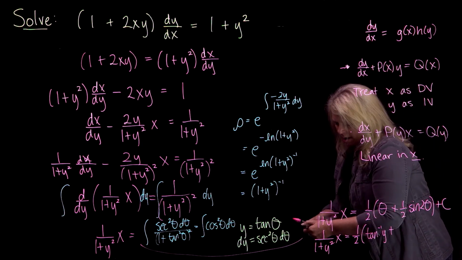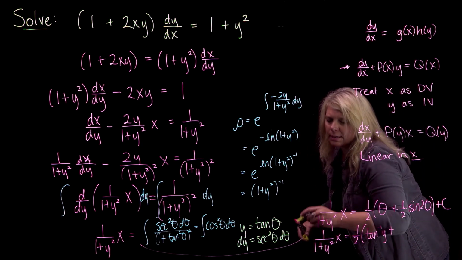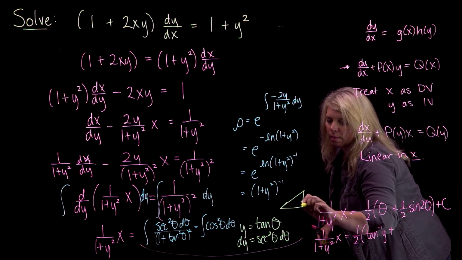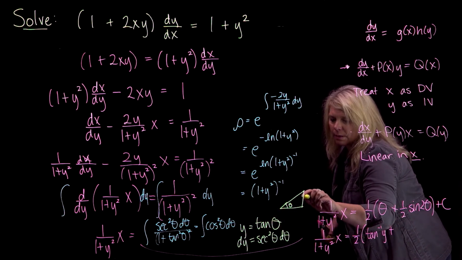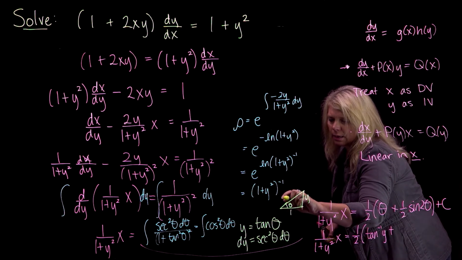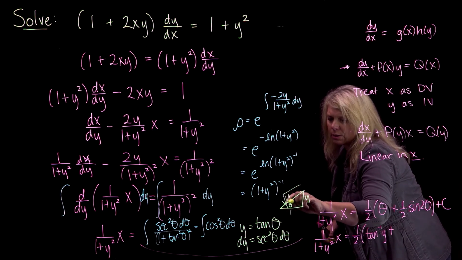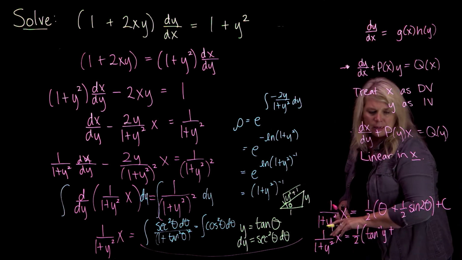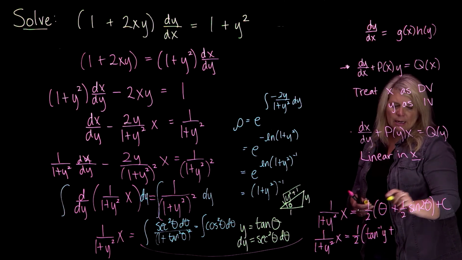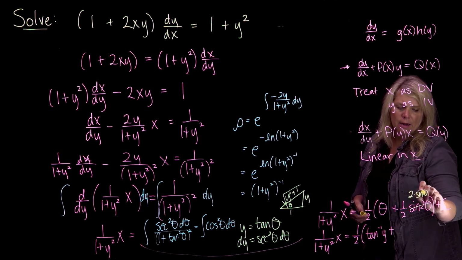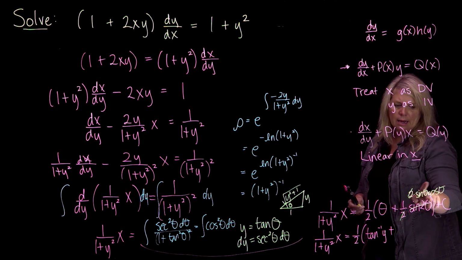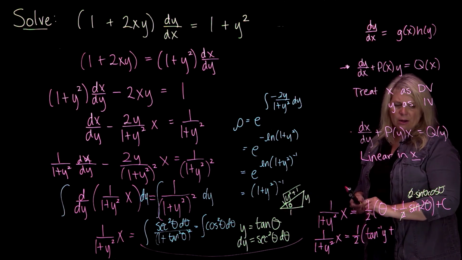Here I'm going to need a right triangle for my trig substitution. Tangent theta is opposite over adjacent, and so the hypotenuse here would be the square root of y squared plus 1. Here I'll need to use a trig identity. Sine 2 theta is 2 sine theta cosine theta. My 2's cancel. My sine theta and cosine theta I'm going to get from my right triangle.